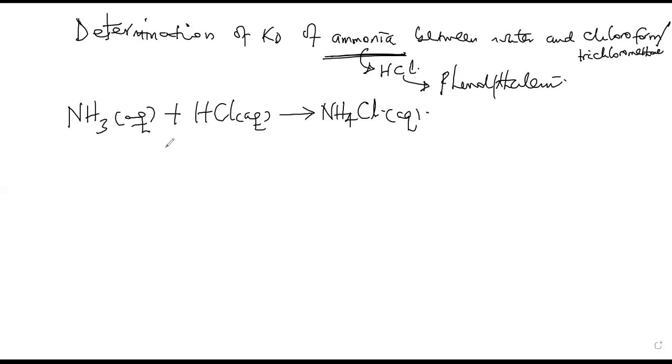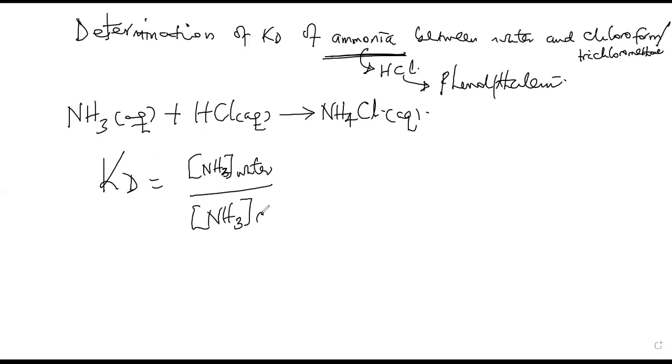The partition coefficient expression is still Kd equals the concentration of ammonia in water over the concentration of ammonia in trichloromethane. The difference here is that we have used hydrochloric acid and phenolphthalein indicator, but on pipetting, we pipetted a known volume of the organic layer. So the aqueous layer is the one we obtain by subtraction.